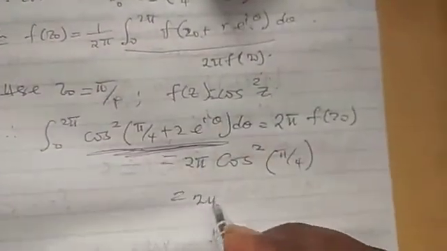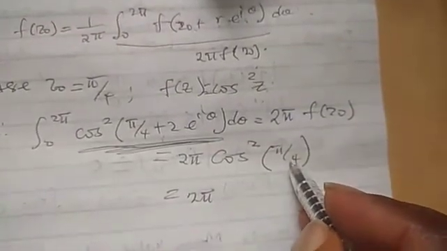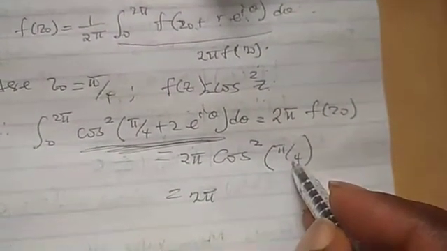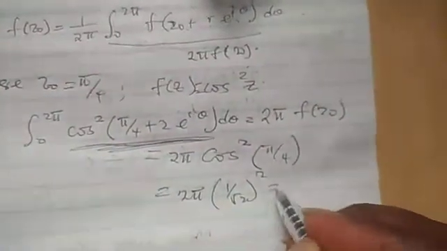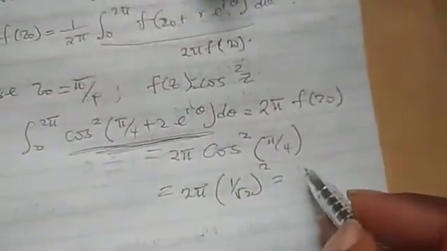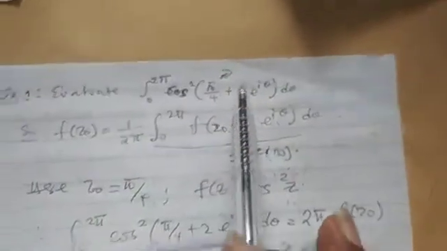So our answer is 2 pi times cos of pi over 4, which is 1 over root 2, then we have 1 over root 2 squared. Finally, if you simplify everything, our answer is equal to pi. In that case, the value of this integral is equal to pi.